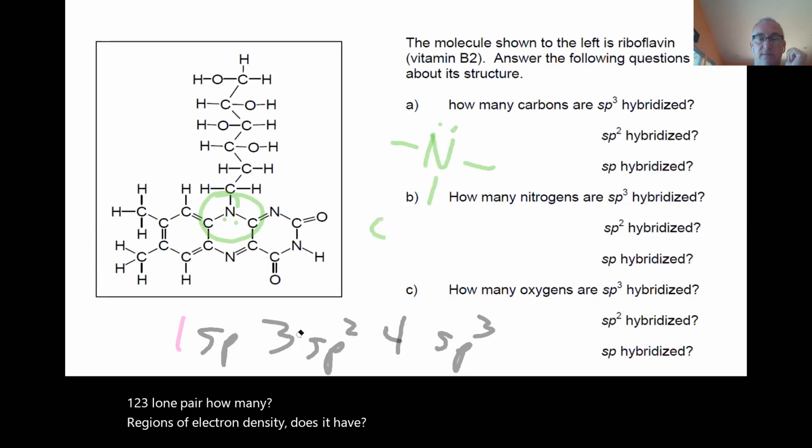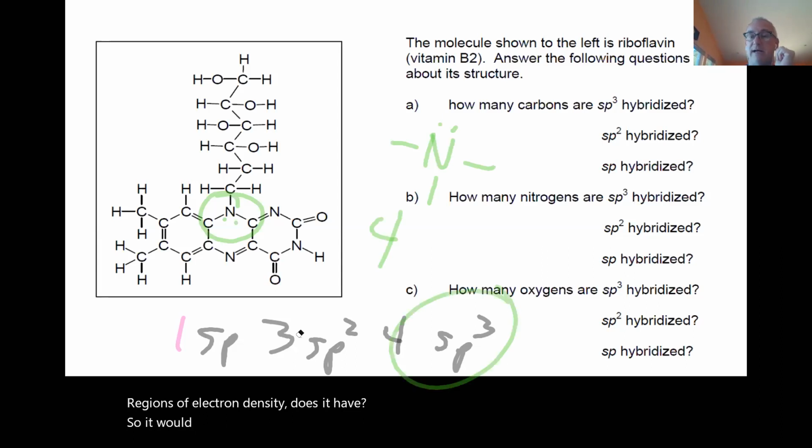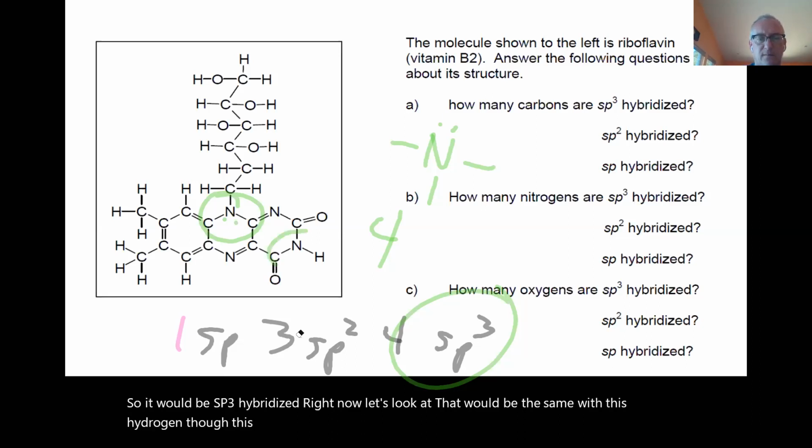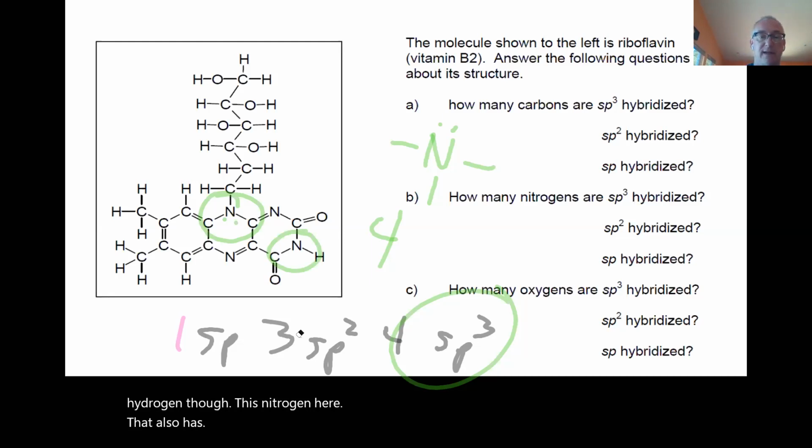So it would be sp3 hybridized. Right. And that would be the same with this nitrogen here. That also has 1, 2, 3 bonds, and we put a lone pair there.